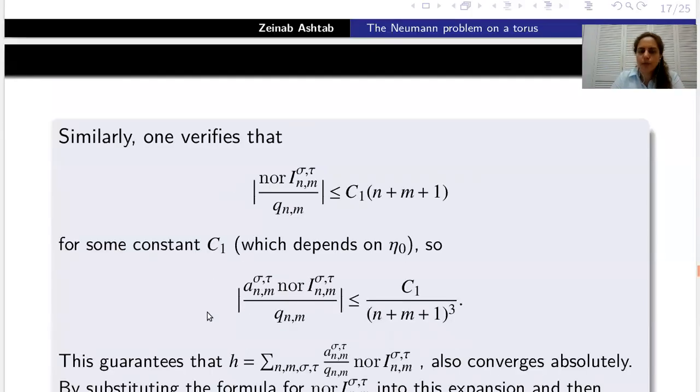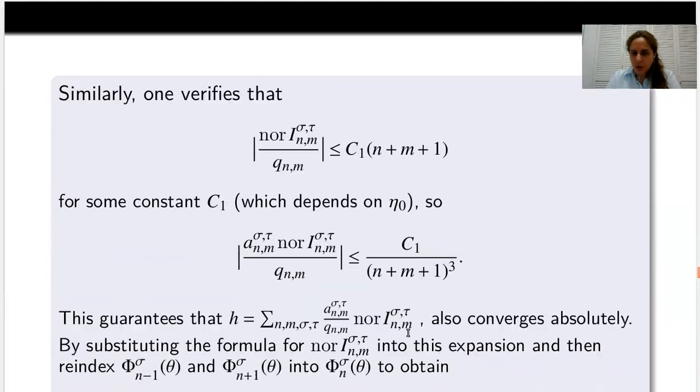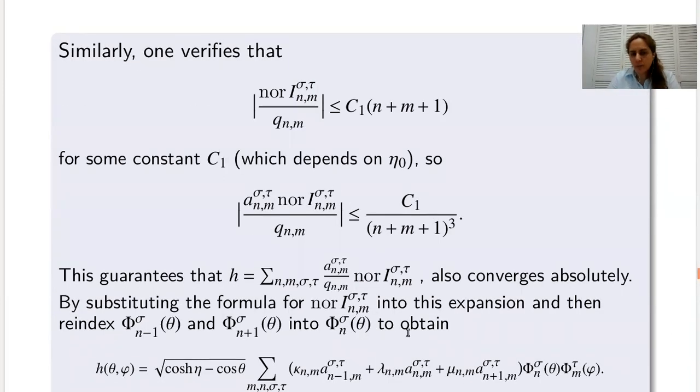Therefore, the absolute value of the coefficient of a n m sigma tau times the norm of capital I over q is less than or equal to a constant C1 over n plus m plus 1 to the power 3, which guarantees that the function h also converges absolutely.